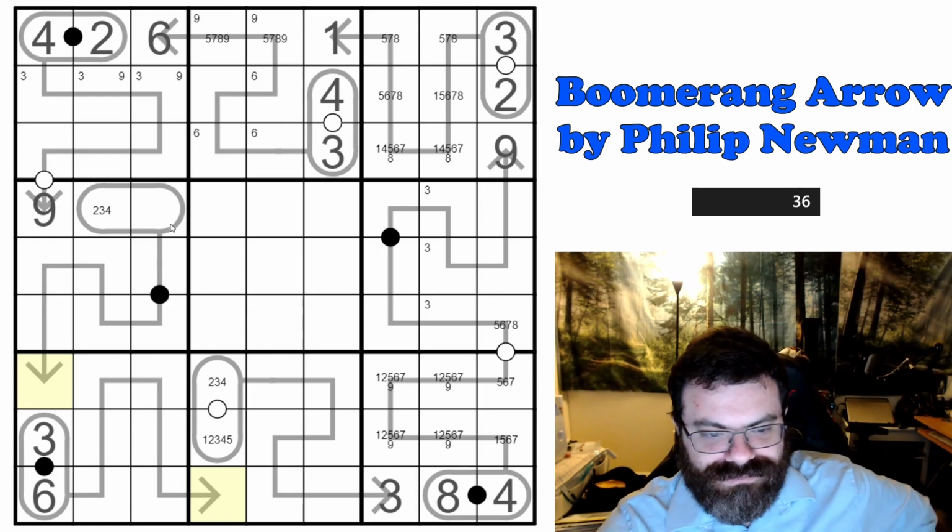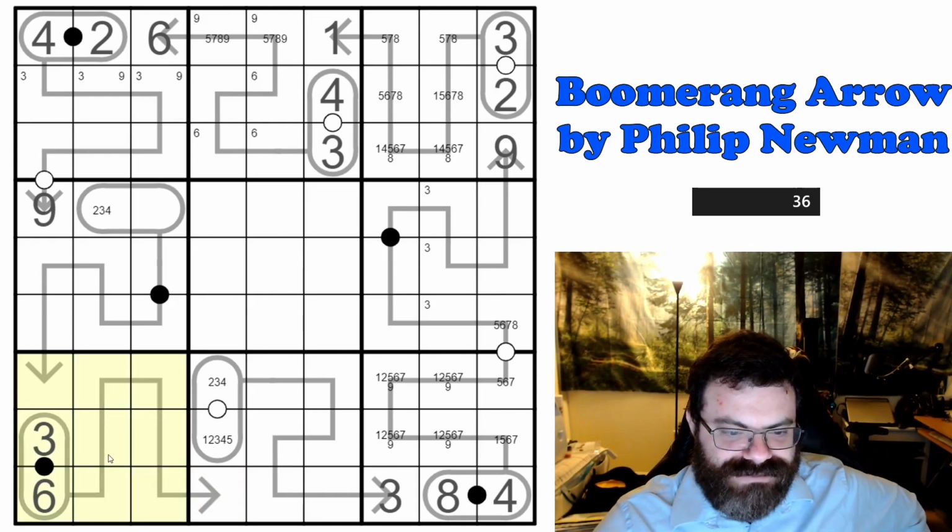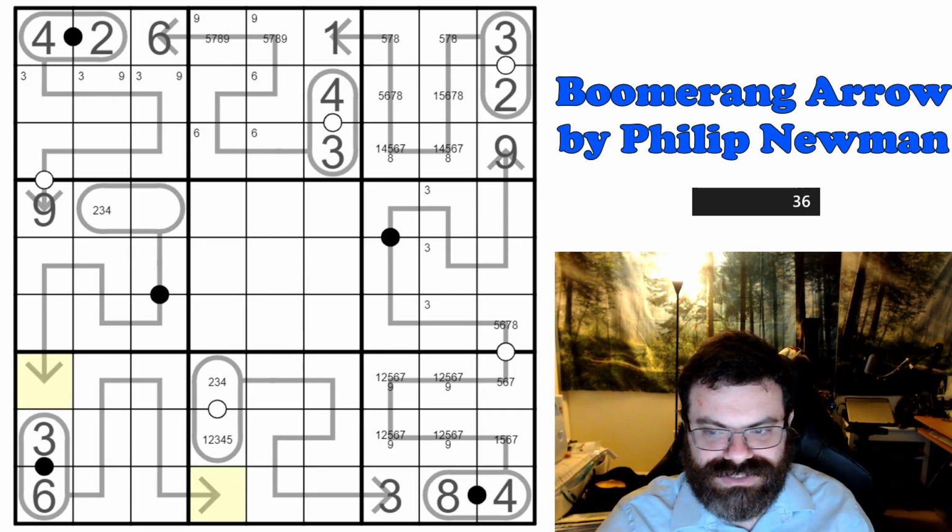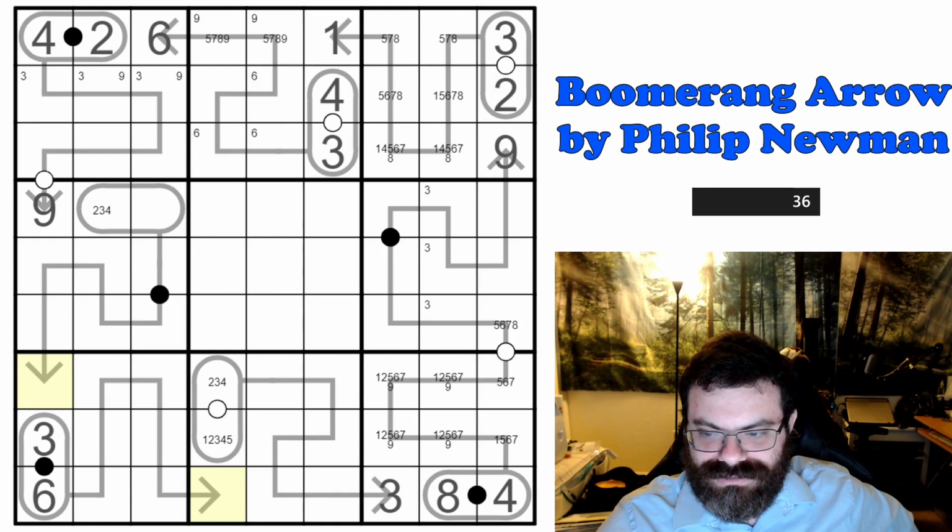Don't know if you followed that, but the whole box adds to 45. If we subtract 9 from 45, that means these 7 cells add to 36, which is the sum we need. So when we remove this value from the sum, we have to use this value to add to the sum. So these 2 are the same. I'll just mark that in blue to remember that these 2 are the same value.